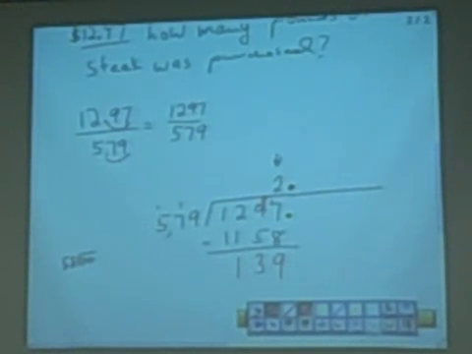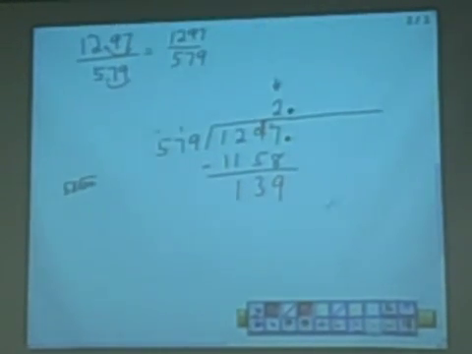So, yeah, we guessed right because now 139 is less than 579, right? Since 579 doesn't divide into 139, we've got to do what? Add a 0 and bring that down. So now we're going to multiply 2 or 3.